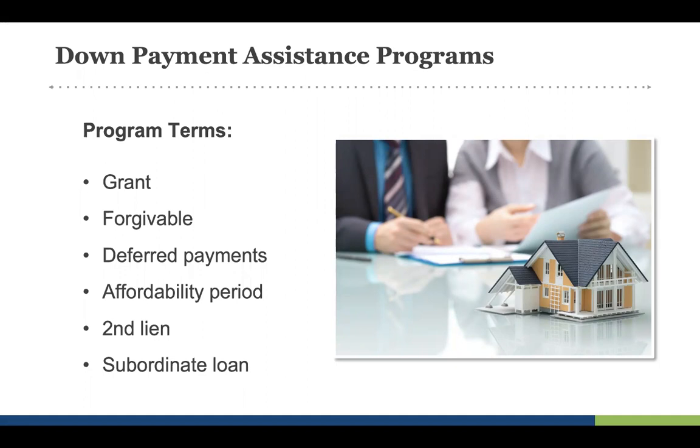Others may bear interest, but defer the payments for the life of the loan until sale, or even better, until the affordability period expires. So for example, many programs stipulate that the buyer occupy the property for a certain number of years, maybe 3, 5, 7, 10 years, and then the lien is forgiven, essentially becoming a grant. For those programs that are not grants, many will take second or third lien position to allow for layering of assistance programs.